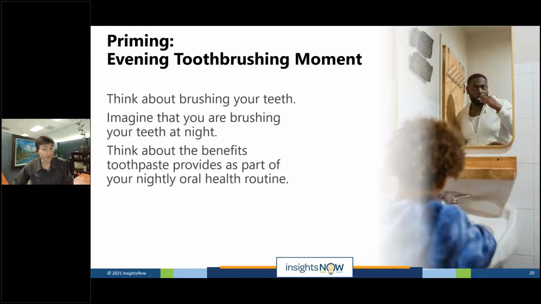Priming, remember, is very important. We put them in the moment of an evening toothbrushing moment. So everybody in the survey was focused in on brushing their teeth, imagining they're putting themselves in that moment, and thinking about the benefits toothpaste provides as part of your nightly oral hygiene routine.